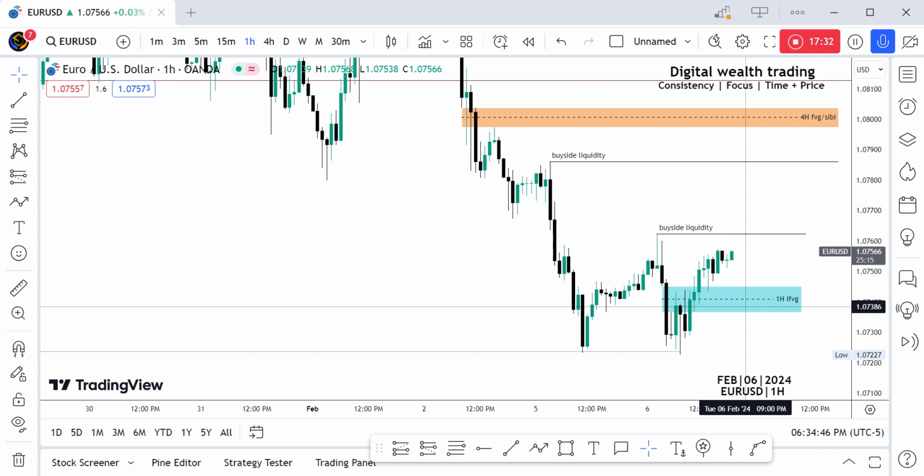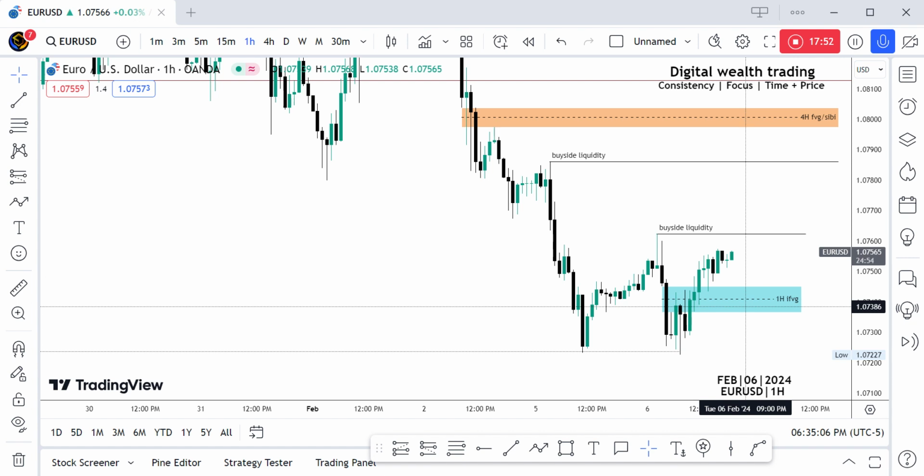Now casting forward, we can see that we have an hourly inversion fair value gap that, if we are bullish tomorrow, should set the leg for a decent buy program and higher price delivery.